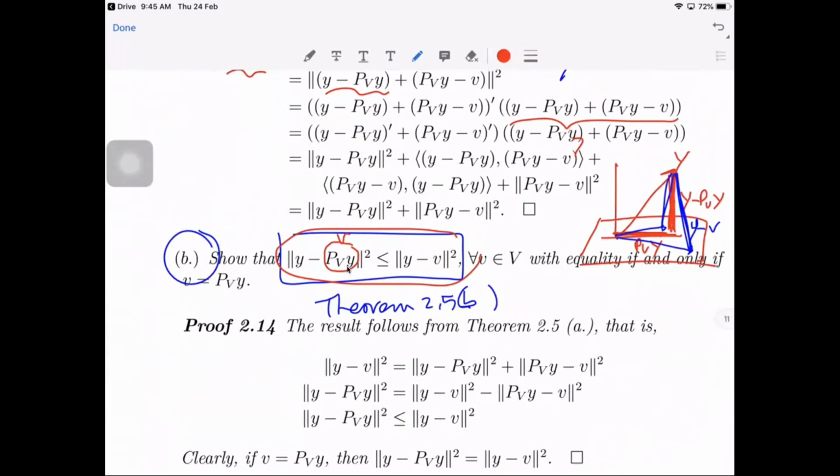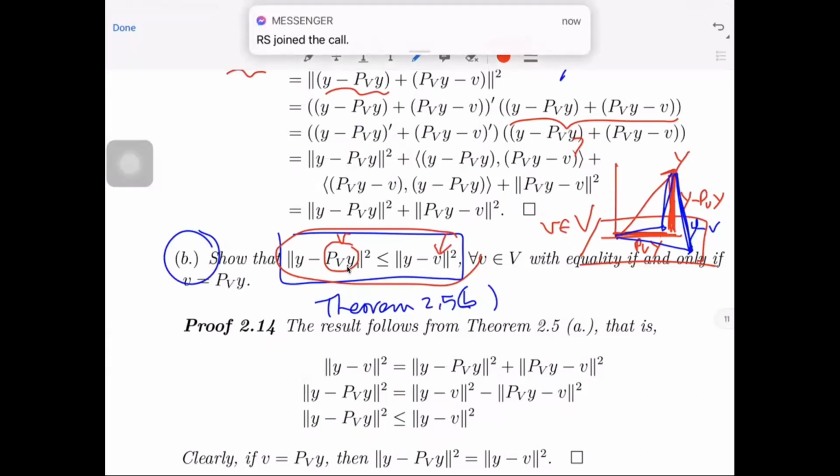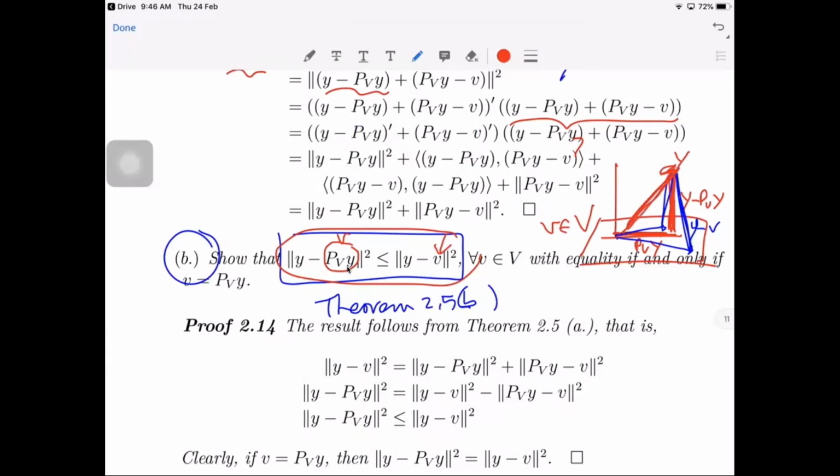Pero dinhi na theorem, kining V din is another vector in V. So, kini nagpasabot kung naa kay kompetensya any other vector in V, ang katong projection of Y unto V will be the one closest to your vector Y, no?